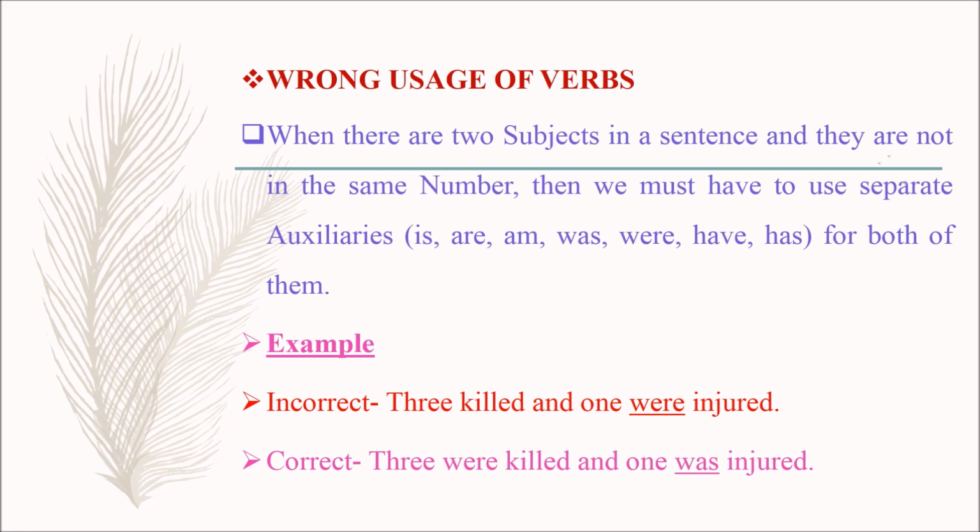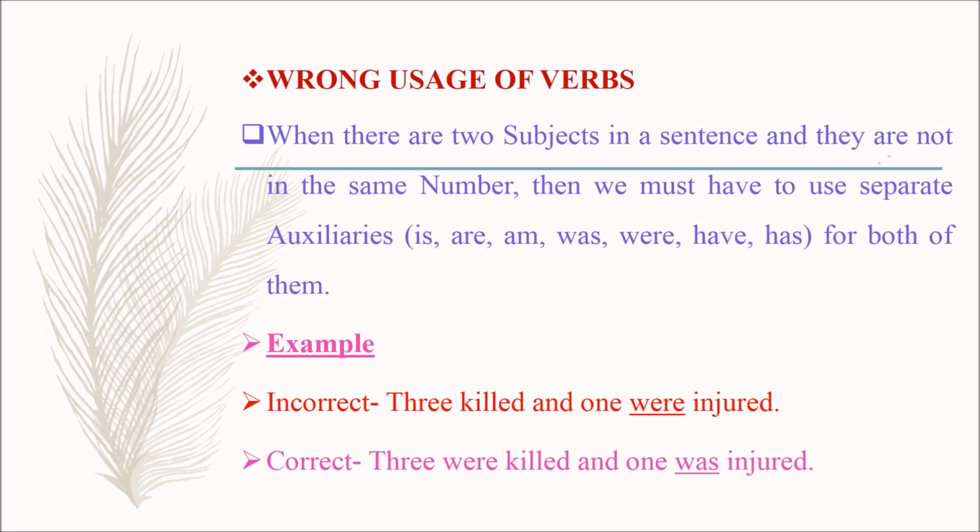The rule is when there are two subjects in a sentence and they are not in the same number, then we must use separate auxiliaries like is, are, am, was, were, have, has for both of them.